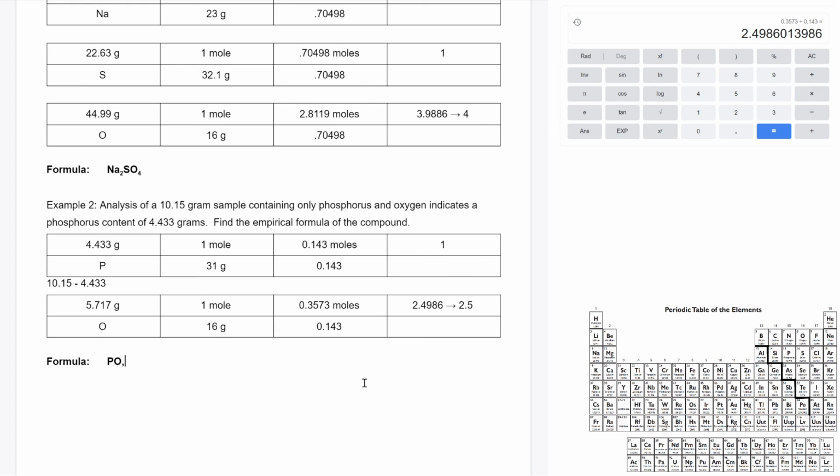Now, of course, we can't have a formula of PO 2.5. We need whole numbers. So if you ever get this, where one of your divided numbers rounds not to a whole number but to something point 5, we're going to multiply both of them by 2. I'll just put that in that very bottom box.